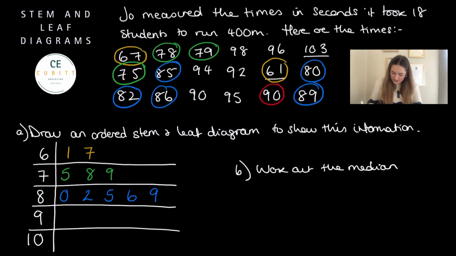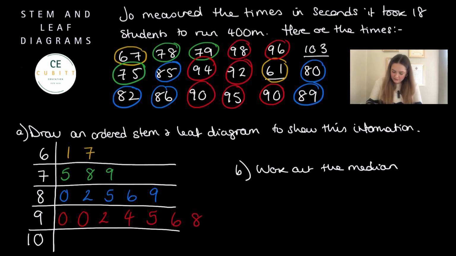We've got 90, and another 90, a 92, a 94, a 95, a 96, and a 98.